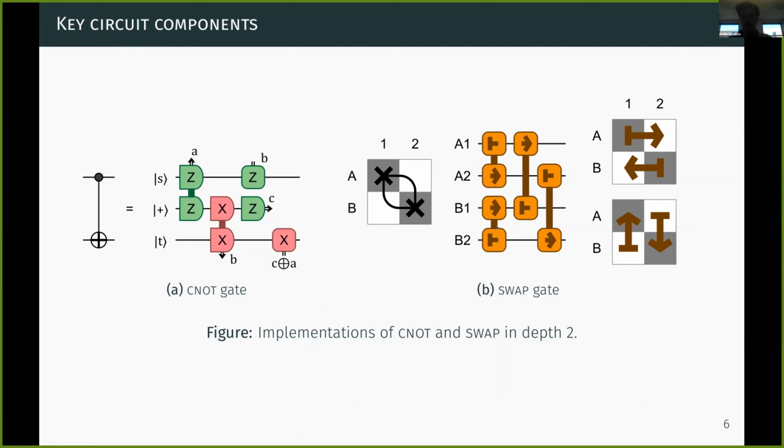If we have a swap gate between a patch on A1 and B2, then we can implement that by performing this sequence of move operations, which will respectively move the logical qubit from A1 to A2 and B1 to B2, and then A1 to B1, etc. If we count the depth of these circuits, both have a depth of 2.